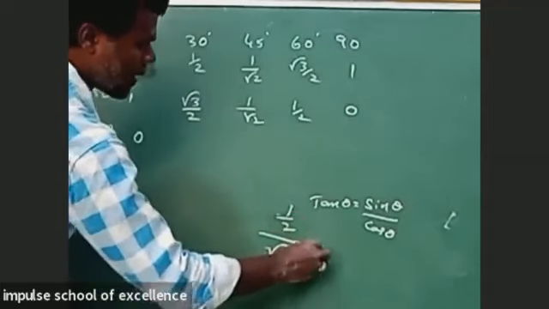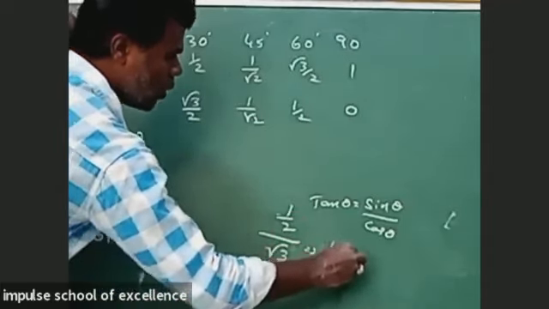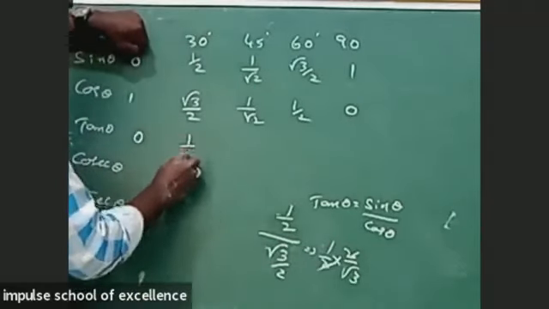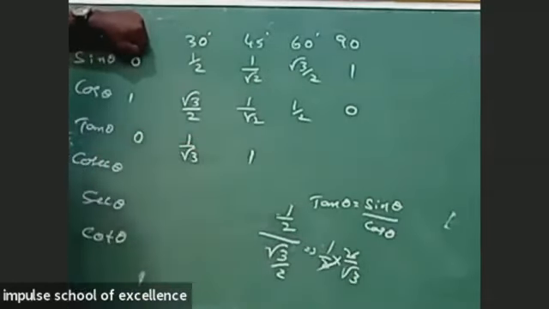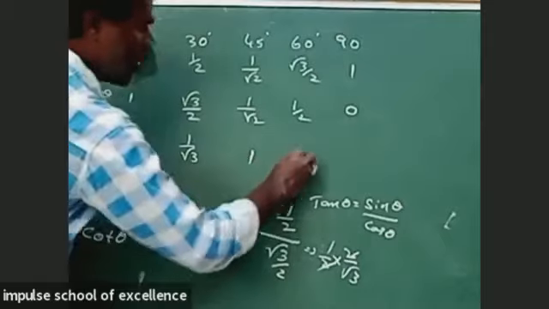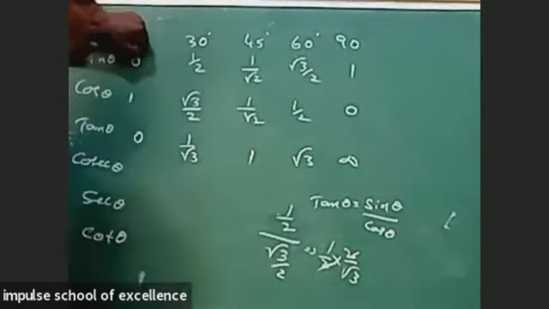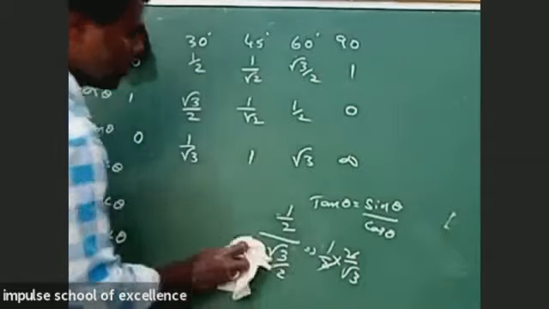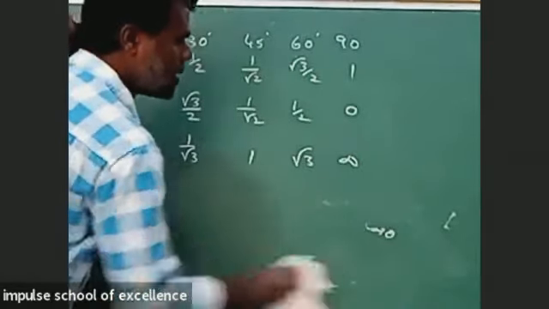So it will be the reciprocal: 1 by 2 into 2 by root 3. So 2 gets cancelled and its value is 1 by root 3. If you simplify, we will get 1, then root 3, and the last value is not defined. 1 by 0, I mean any number by 0, is not defined.